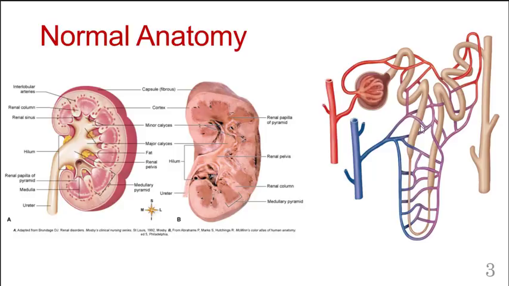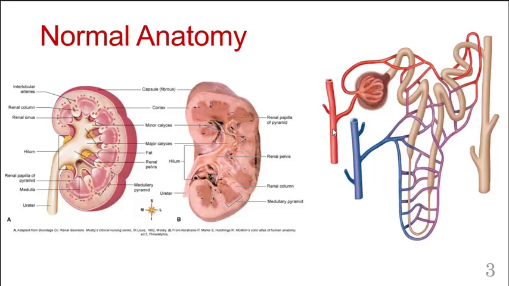Looking here on the right, this shows you the nephron, that functional unit of the kidney. Just to remind you, when blood enters the kidney through the renal artery, it will enter the renal corpuscle, which is this region here, which consists of a glomerulus, which is a capillary network, and Bowman's capsule that surrounds it.